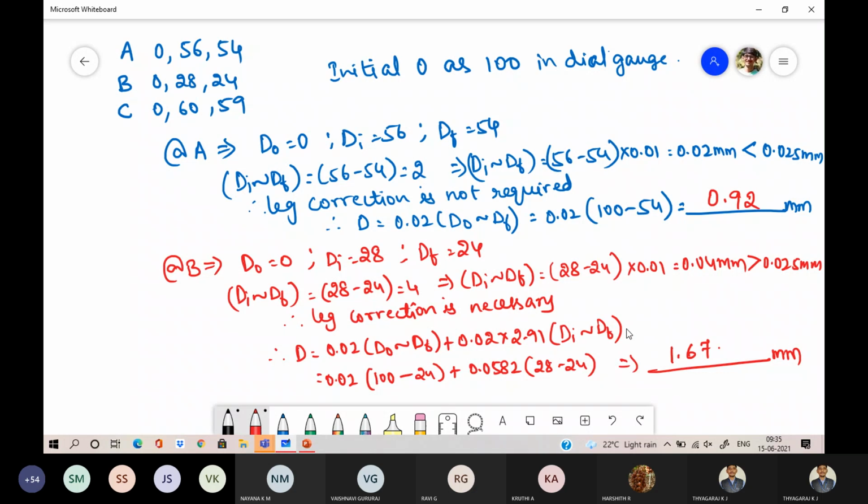Similarly, calculate for C value. I hope you will not get lag correction. For C, we will not get lag correction, so we can directly go for the direct formula 0.02 into D naught difference DF.